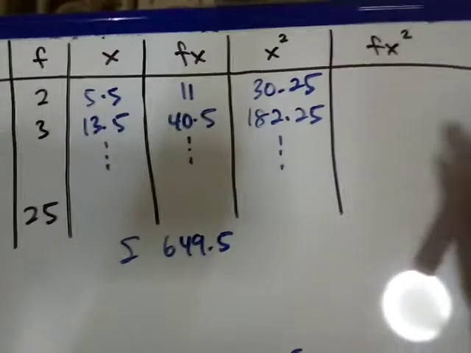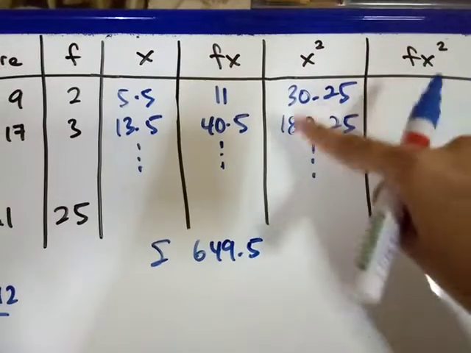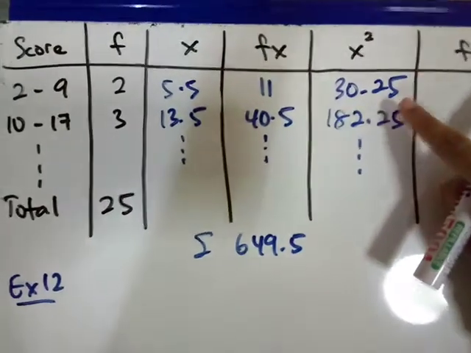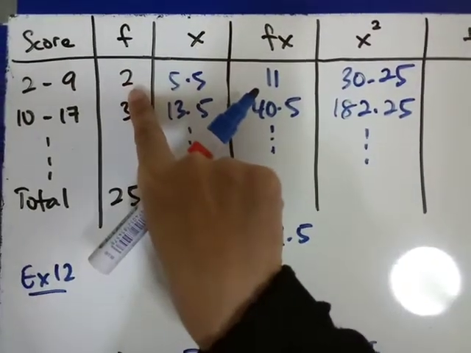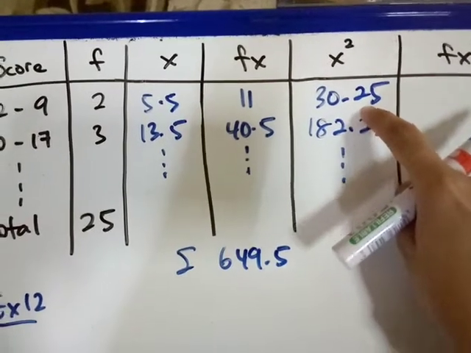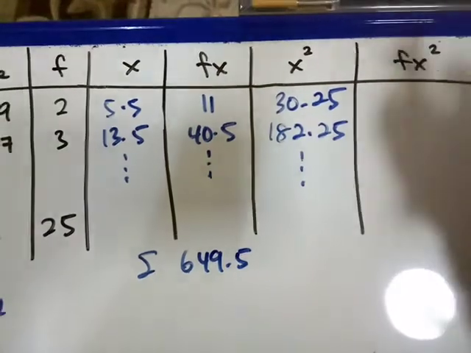Then step 4. After you have squared each midpoint value, you have to multiply by the frequency. The 30.25 that you squared, times the frequency, because that gives you fx square.